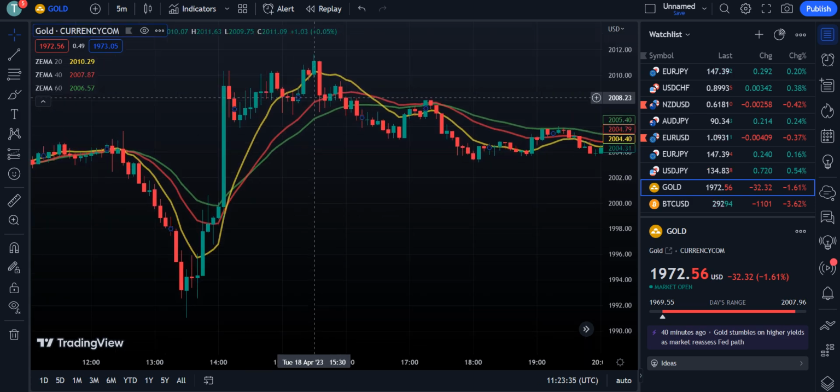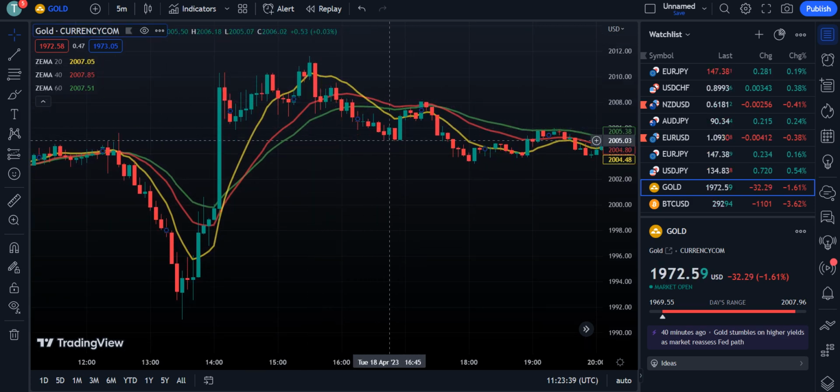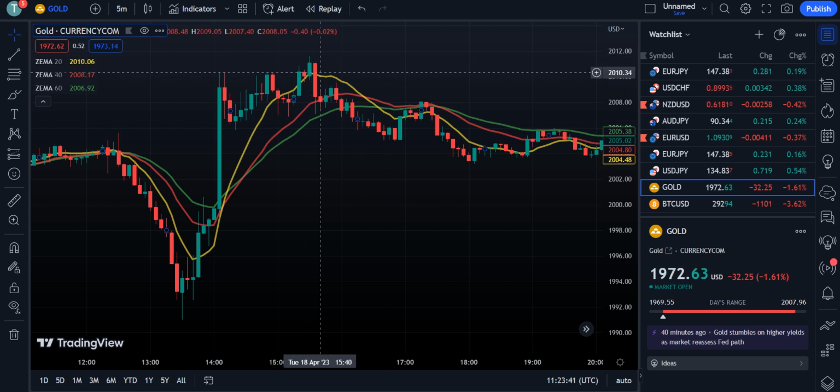If we see the other side, that if we have entered into the market for the sell signal, then we have to see first of all that our yellow color EMA should be on the top. So we have to see that our first red color candle has formed on the red color line or above this, then we have to enter into the market.